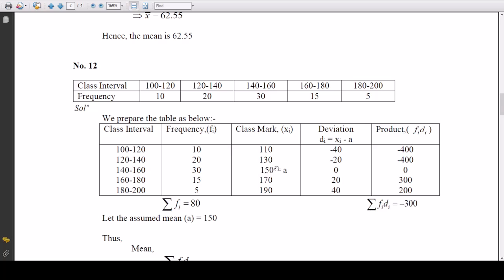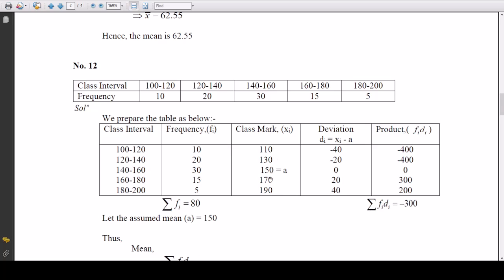It's not exactly 150, but you just assume it as 150. As previously I've said to you, you can take the assumed mean. If you think that from 110 to 190 the assumed mean is 170, you can do that. But on doing the calculation you will get the correct mean.